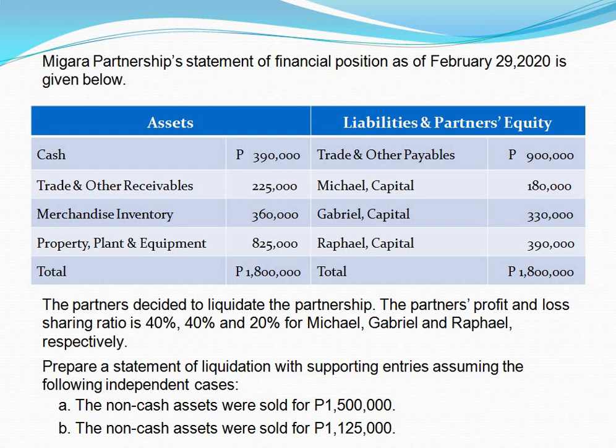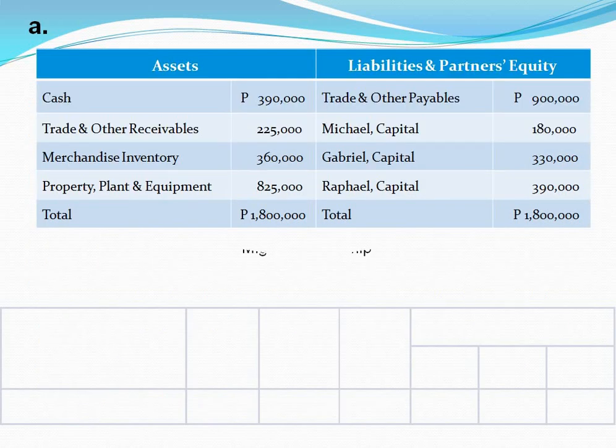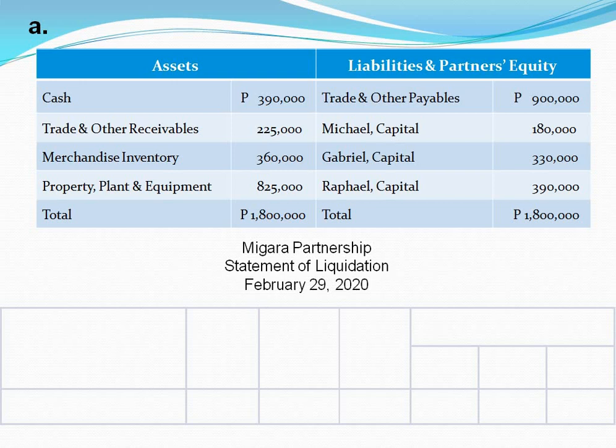Just like financial statements, financial transaction worksheet, and trial balance, a statement of liquidation must have a heading consisting of 3 lines: the name of the company, the name of the statement, and the date. Then, we use the given accounts in the statement of financial position of Megara Partnership as our money column headings. We start with cash.